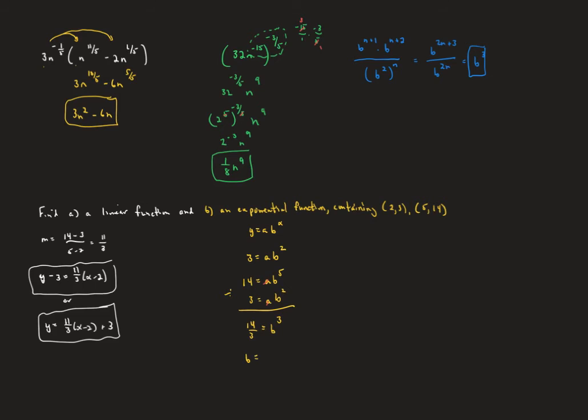We'll need to get b by itself, so we're going to take this 14 thirds and raise it to the 1/3 power. And I'm going to put that on my calculator and then write it down to 3 decimal places, but I'm going to save all the decimal places of accuracy on my calculator.